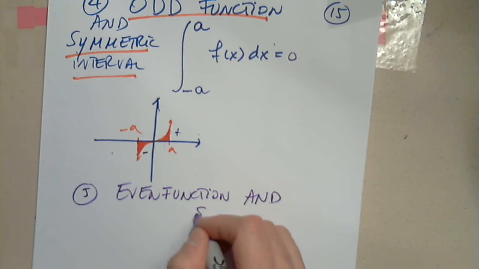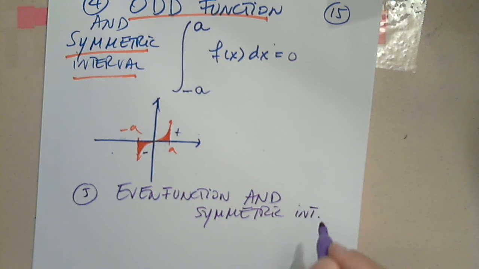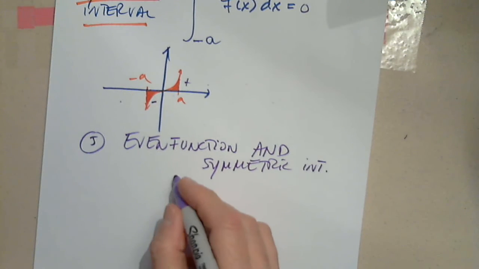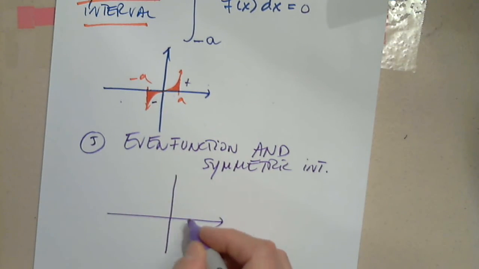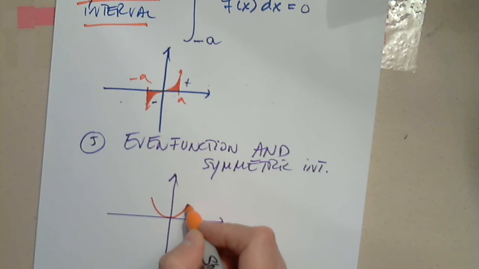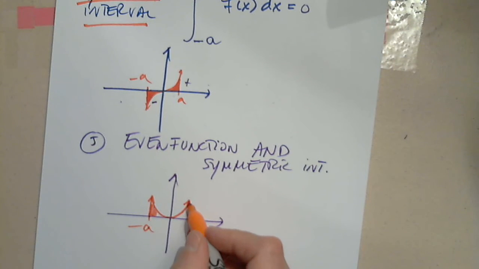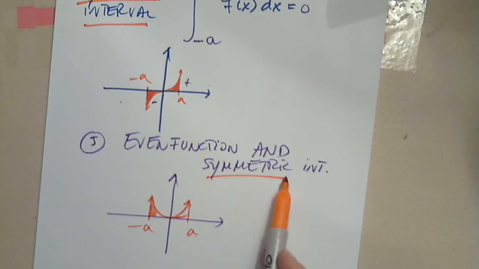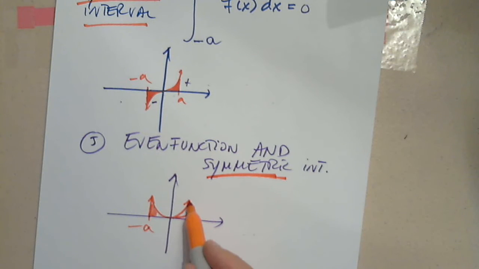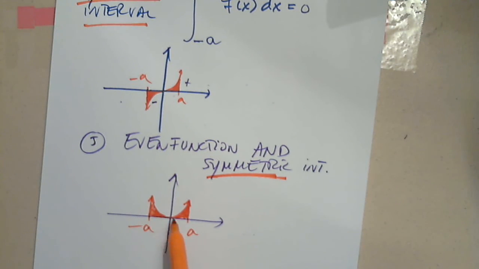Number 5. Even function and symmetric interval. Here's the graph of an even function between negative a and a. If the interval is not symmetric, we cannot use this property for either one, of course.